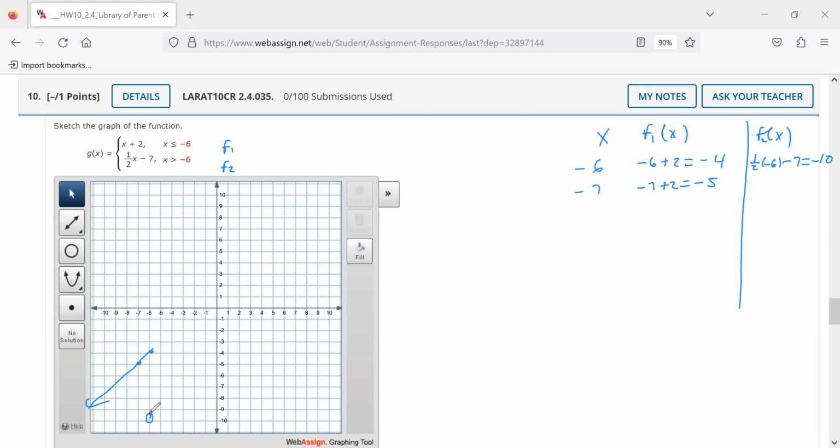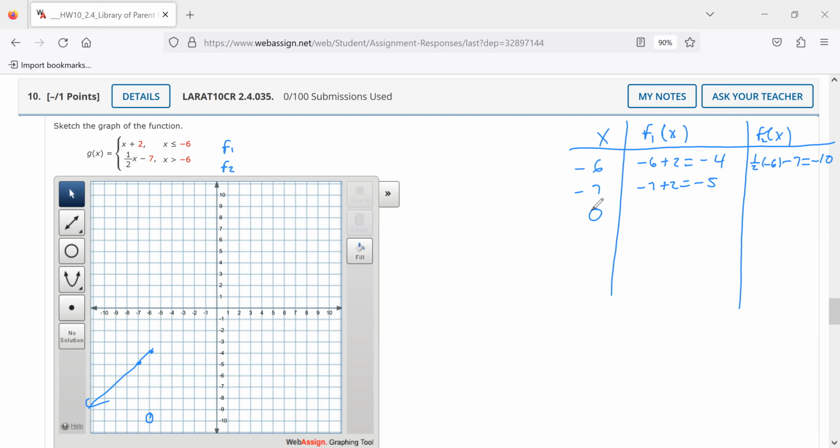Now choose something above -6. I don't know. 0 just because it's easier, right? What would you get for this function? For F2?